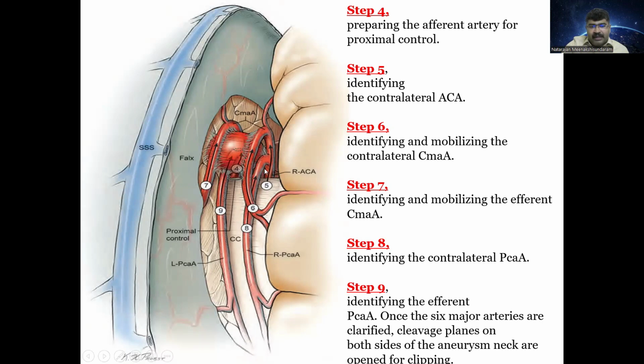And then identify the contralateral ACA and then the contralateral callosomarginal artery. Then you have to expose the efferent callosomarginal artery. And then again the contralateral pericallosal artery, and then identify the efferent pericallosal artery.